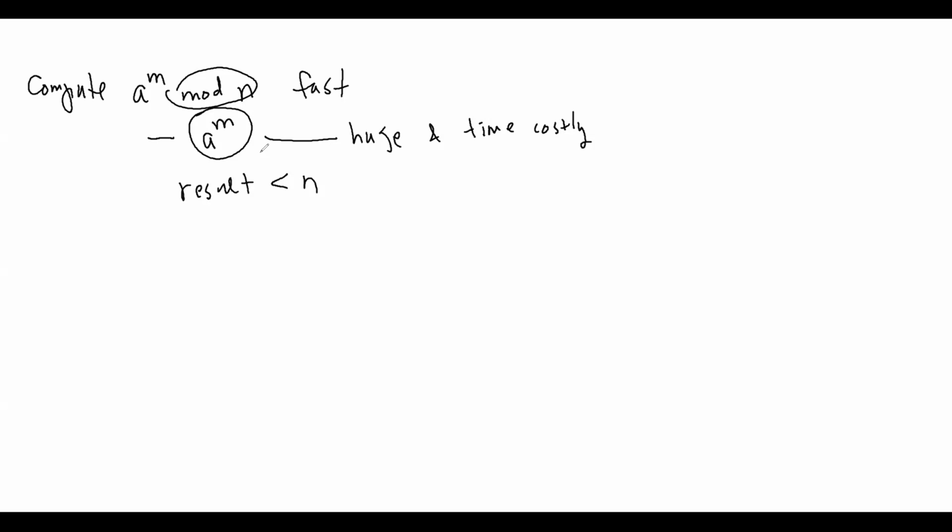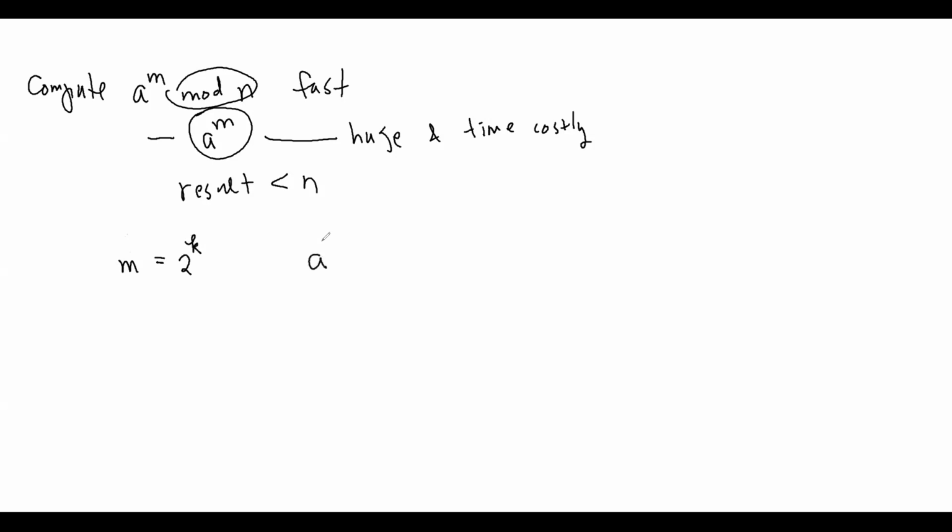The first thing we want to see here is assuming m is a power of 2, let's say m is 2 to the k for some k.